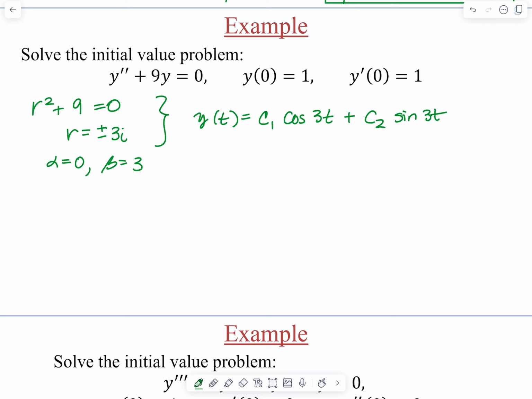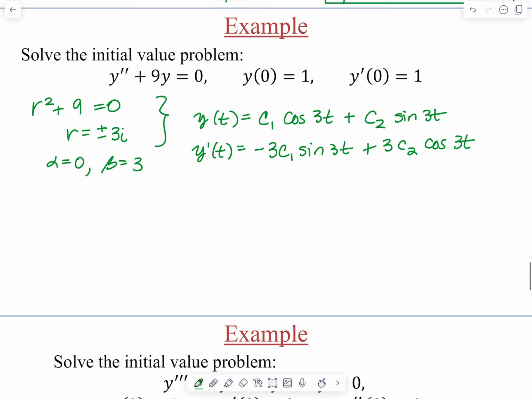We can go ahead and solve for our constants, but let's go ahead and find y prime first. So we have negative 3c1 sine of 3t plus 3c2 cosine of 3t.